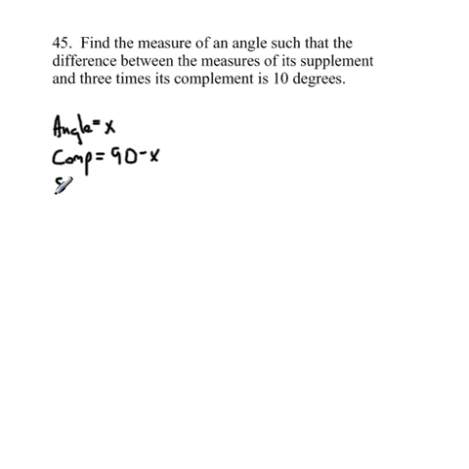And supplementary angles, which are two angles that add up to 180 degrees, will be 180 minus x in every type of problem that you do like this. So that's the key to setting every one of these up.